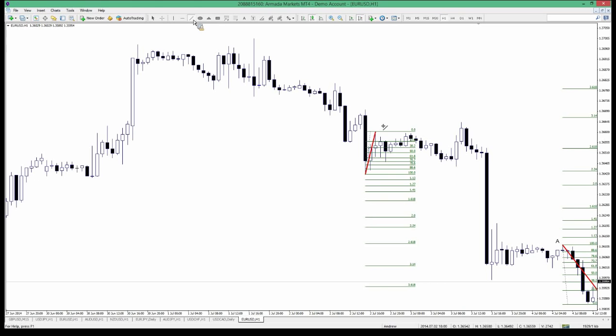So we've got this kind of pattern here. This is not a very pretty pattern, but I would be looking at an extension point of a 127, from this high down to the low there. We have a 127 extension point, which is here.